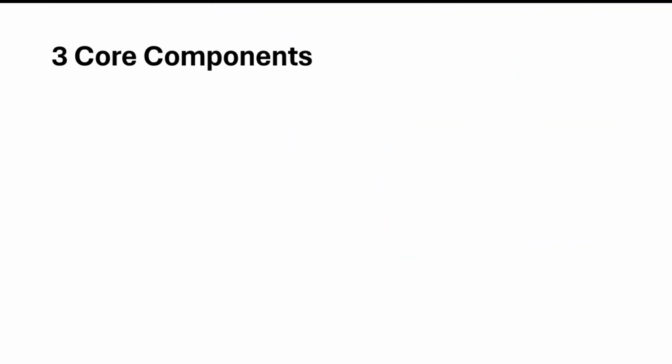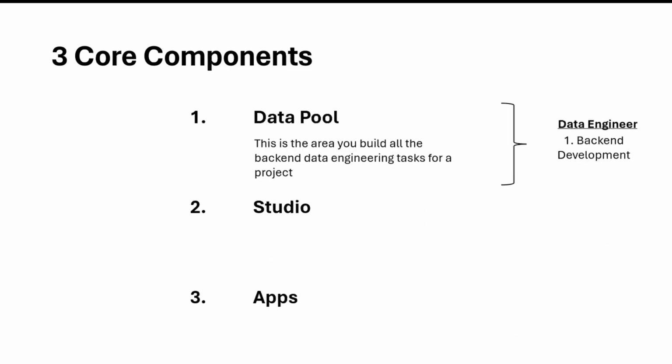Now there are three main components I would like to talk about within Celonis EMS. Number one is data pool, number two is the studio, number three is apps. So what is a data pool? This is the area where you'll build all the backend data engineering tasks for the project. That is where you write all your data transformation, data cleansing, and data normalization, everything is done within the data pool.